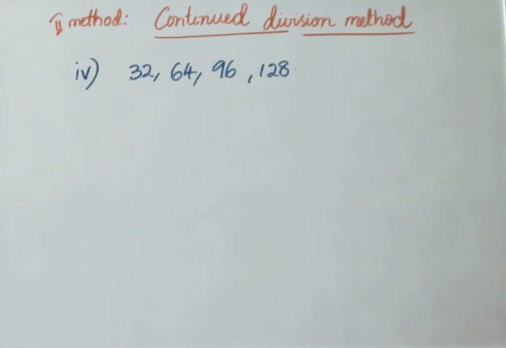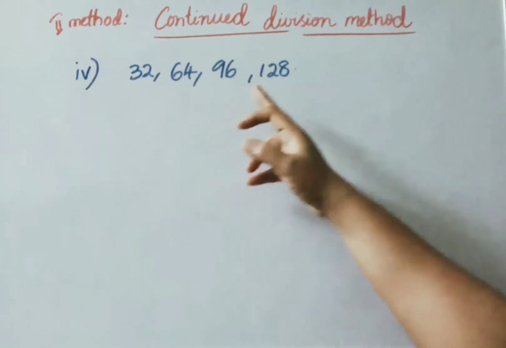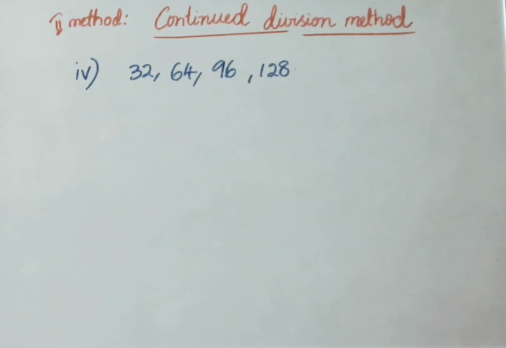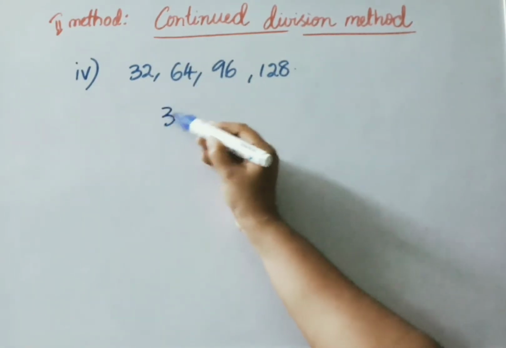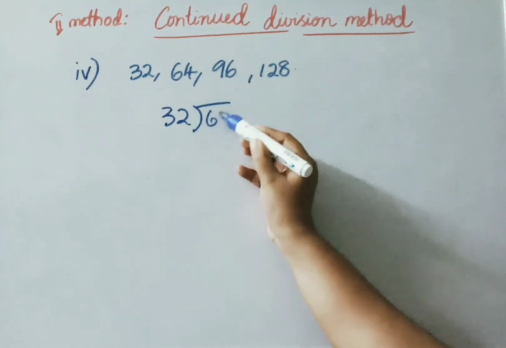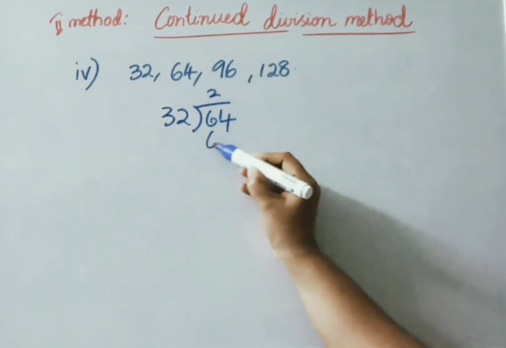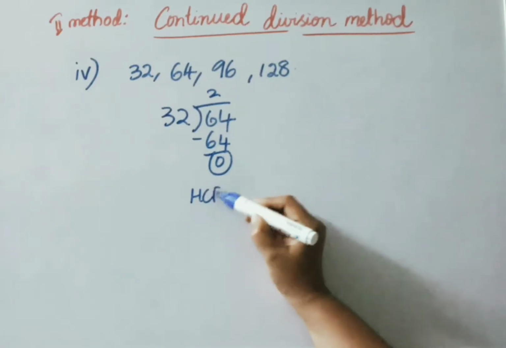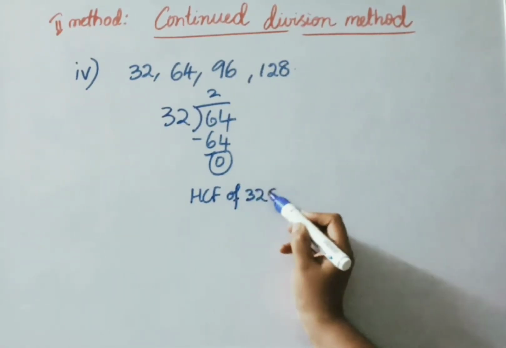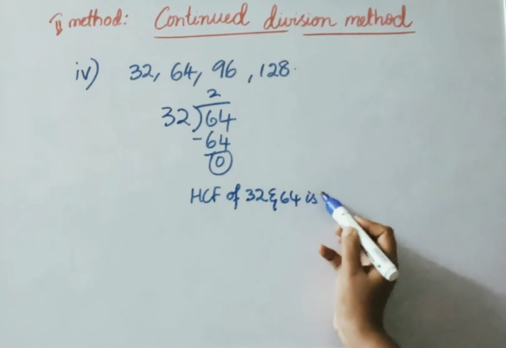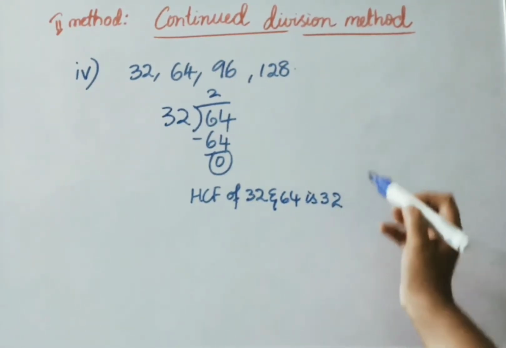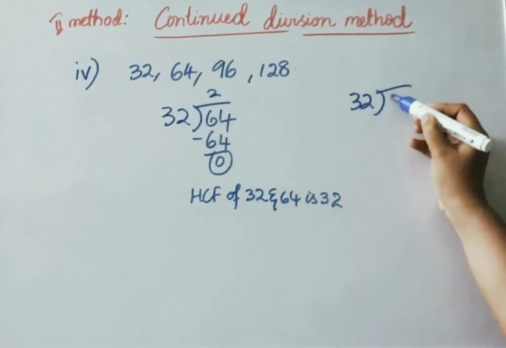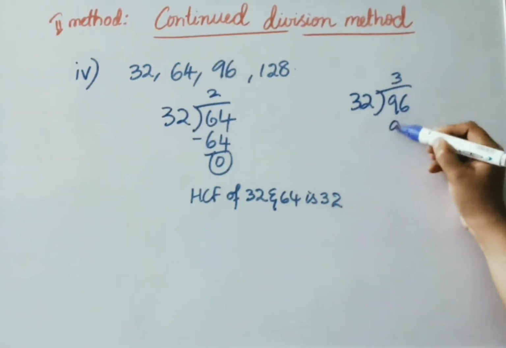See now first question, fourth sum 32, 64, 96 and 128 by continued division method. Let us take these two numbers 32 dividing 64. 32 2s are 64. We get a remainder 0. Therefore, HCF of 32 and 64 is 32. With this 32, divide the third number 96. 32 3s are 96.